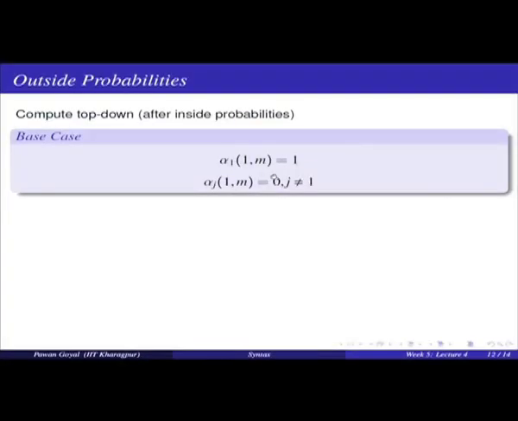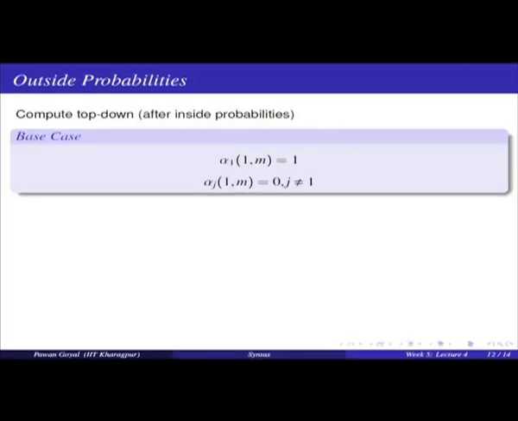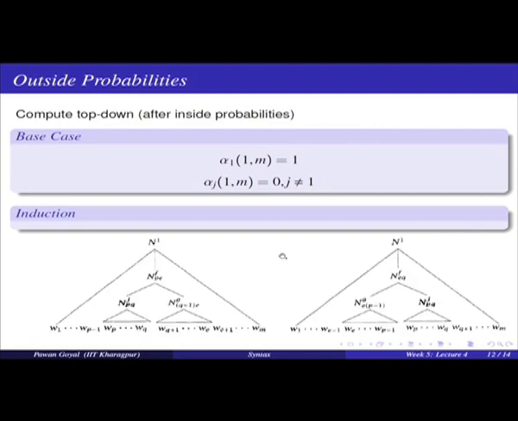Now what will be the inductive case? I have to compute it in a top down fashion. Can you think of the inductive case here? Let me show it quickly on the paper.